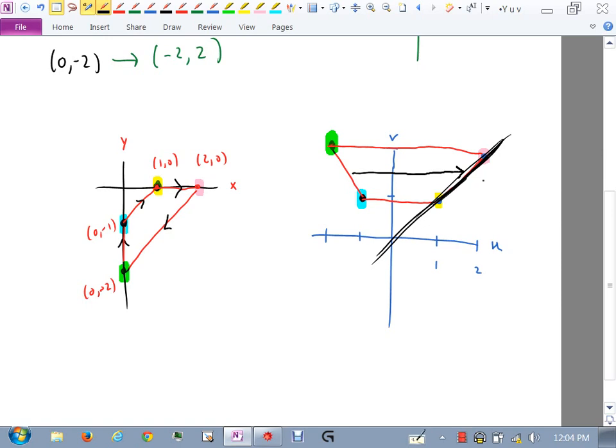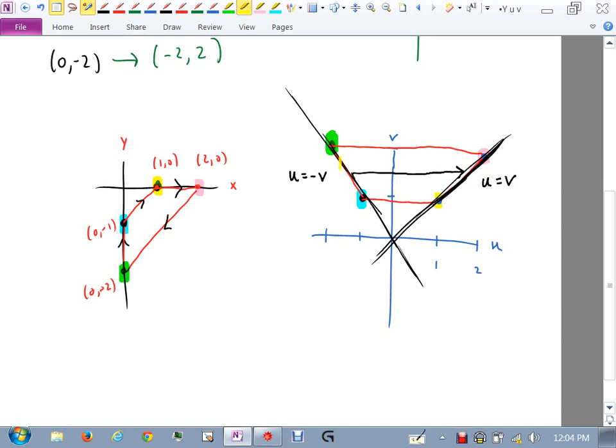It's just u is equal to v. It's the identity in uv. And then the other line comes this way, is the identity but negative. So that's just u is equal to negative v.